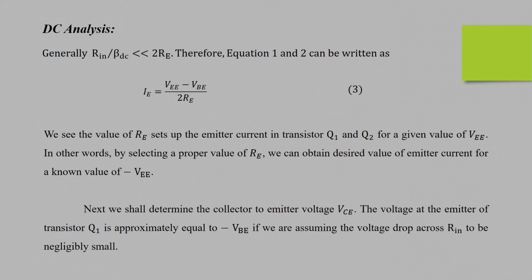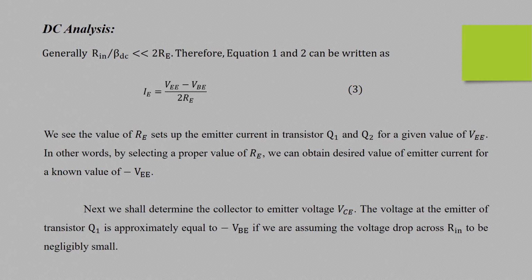Generally Rin by beta DC is much less than 2RE. So we can write the above equation of emitter current IE equal to VEE minus VBE by 2RE. So this is also the collector current.